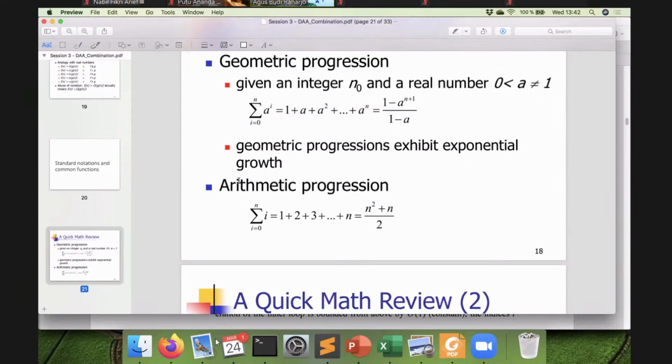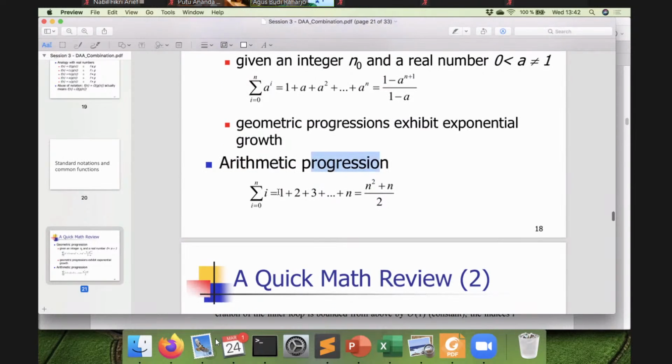Geometric series exhibit exponential growth. As you can see over here, this one is exponential. Remember, it's exponential, not quadratic, not cubic. Quadratic and cubic are part of exponential, but exponential is not only that. Arithmetic progression is another thing.